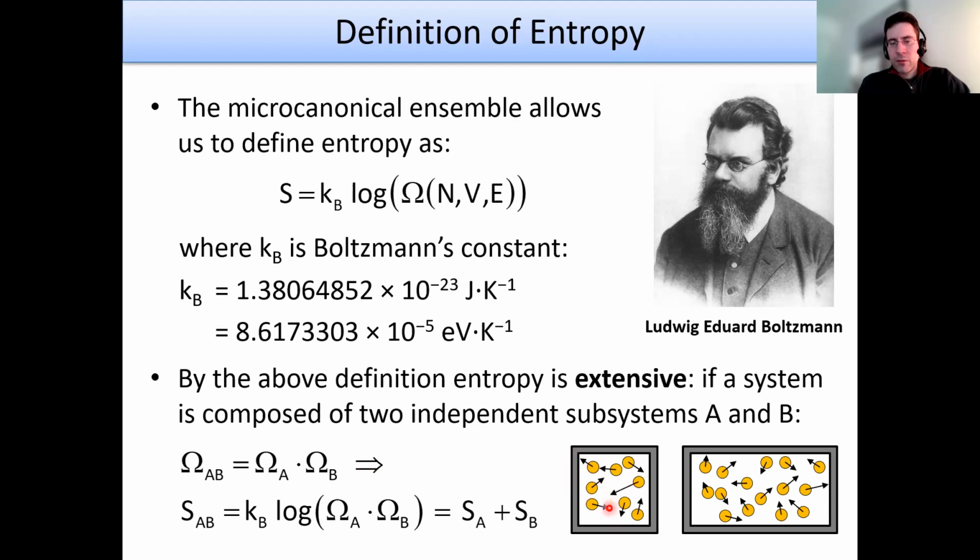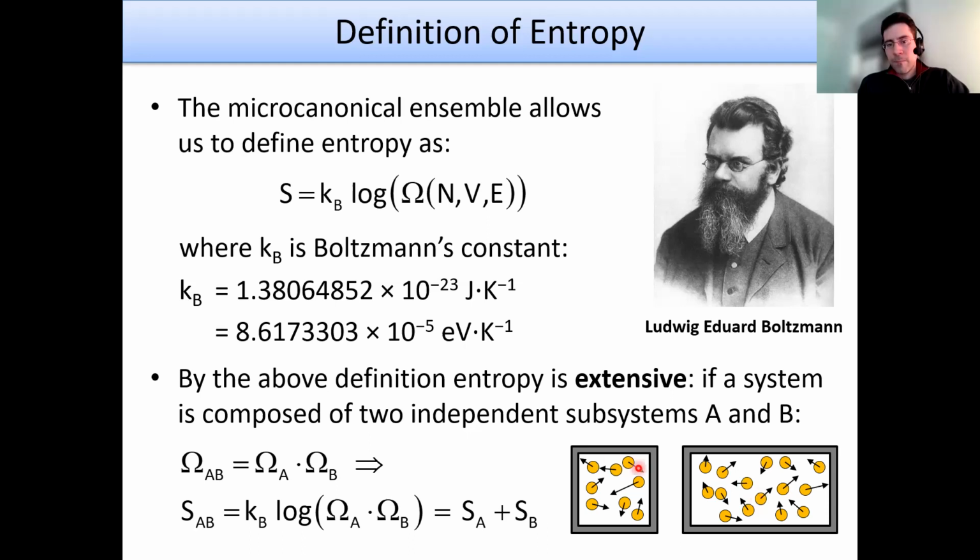To create one state of the composite system, I can take one state of system A, combine it with all the states of system B, then I can take the next state of system A, combine it with any of the states of system B. If I do that, in the end, you're going to have a possible number of microstates for the composite system which is equal to the product of numbers of microstates for system A and system B. You guys agree, or is this counterintuitive? It makes sense, but this is only valid if the systems are independent, right?